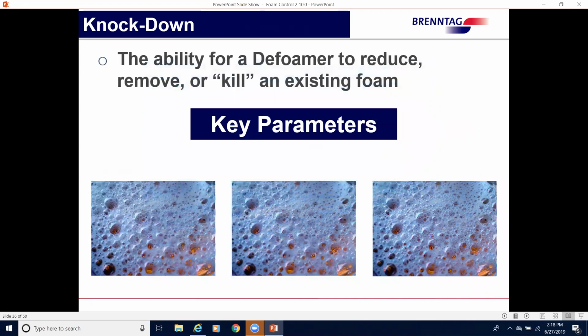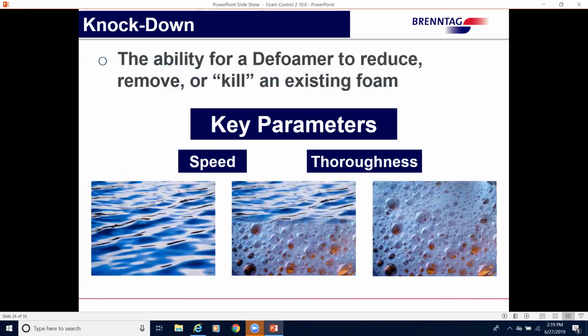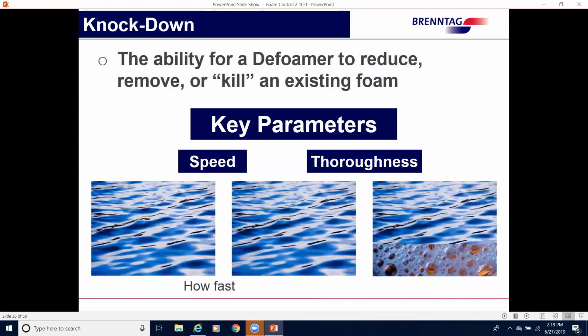There are a couple of key parameters to think about here: speed and thoroughness. How fast do you need the foam to be knocked down? Do you need it done very quickly, or can it be done more gradually? And how thorough a job do you need? Do you need to knock the foam down a little bit, or completely kill it and get it out of there?